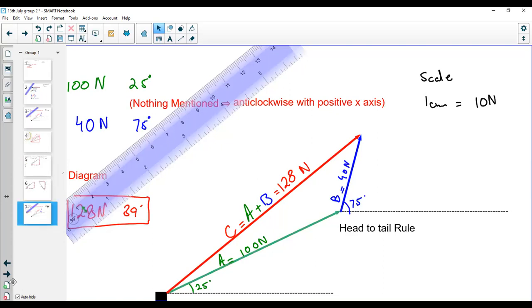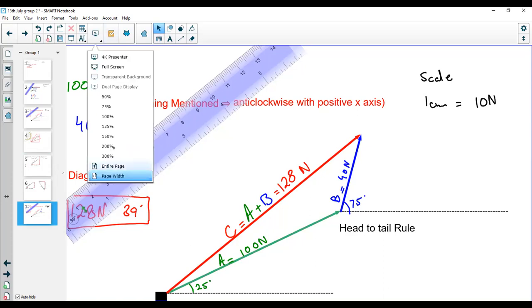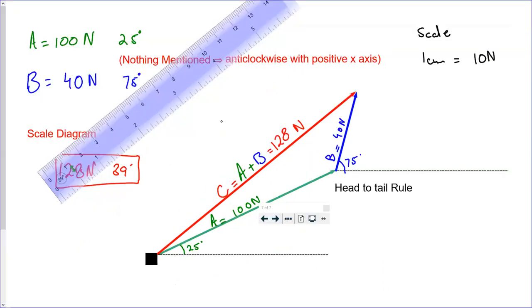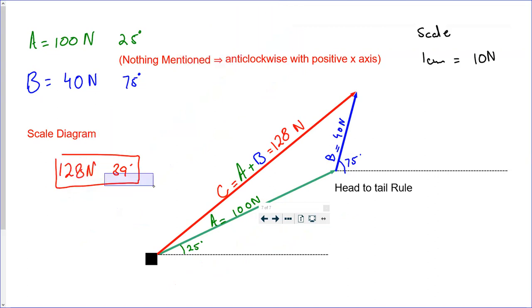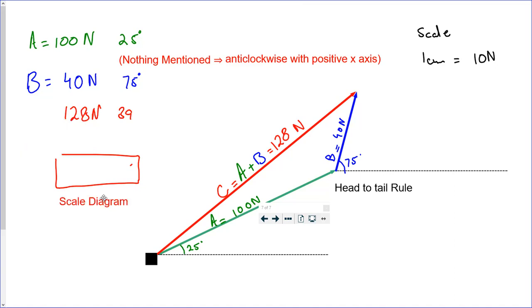So we have already solved this triangle by a vector addition rule, by a scale diagram method. So our answer of the resultant is 128 Newton at 39 degrees. Is that right?